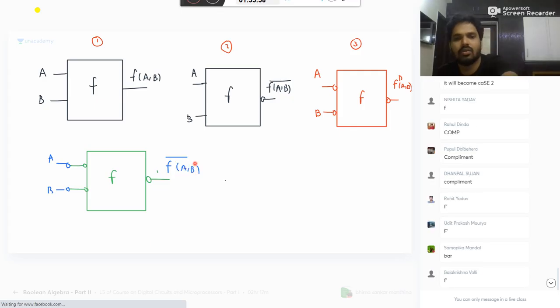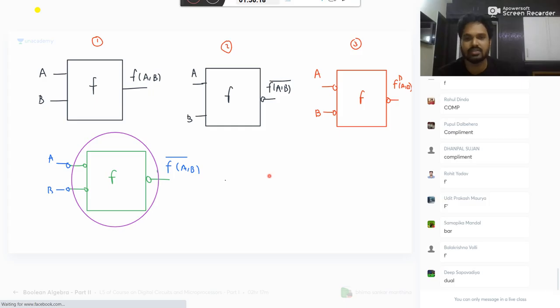Okay, so now don't worry about these circles and all. Okay, don't make the things complex. Now please listen here. This circle, whatever you are having, what is its name? Yes.